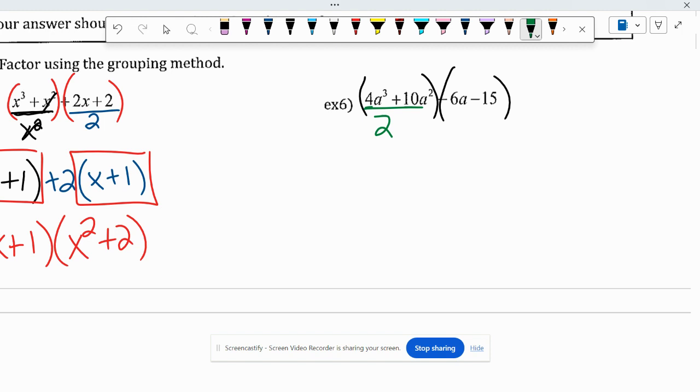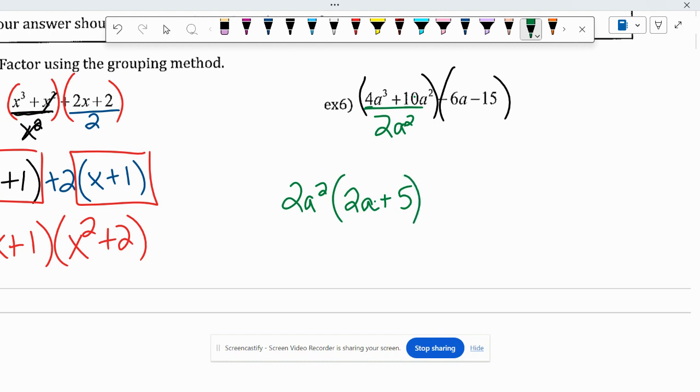I have a cubed and a squared, so I can take an a squared out of both. So when I take out my 2a squared from my first grouping, 4 divided by 2 is 2. A cubed divided by a squared is a. 10 divided by 2 is 5. And a squared divided by a squared cancels out.